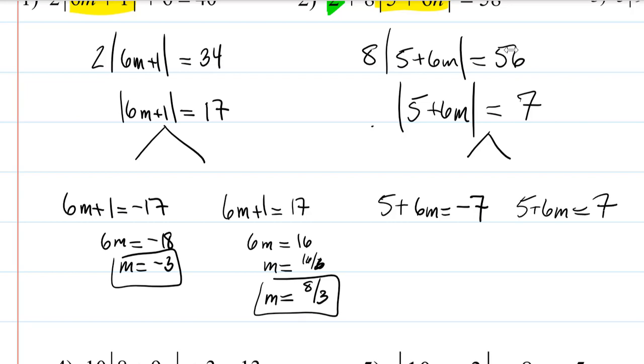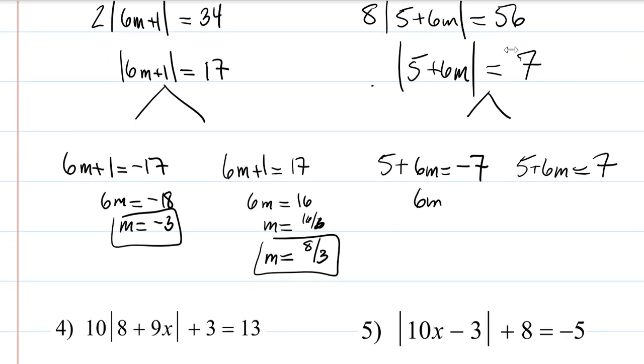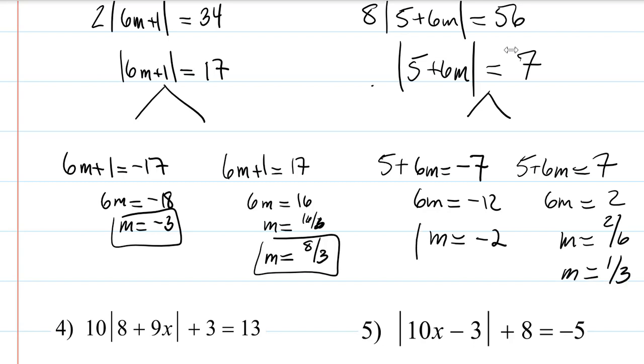And those will give us the 2 solutions that we'll have for this piece. So we'll get one value where we have m equals negative 2, and the other one is going to be a fraction. That's okay. We'll get m equals 2 over 6, which when we reduce that, we get m equals 1/3. So these are our 2 solutions for example number 2.